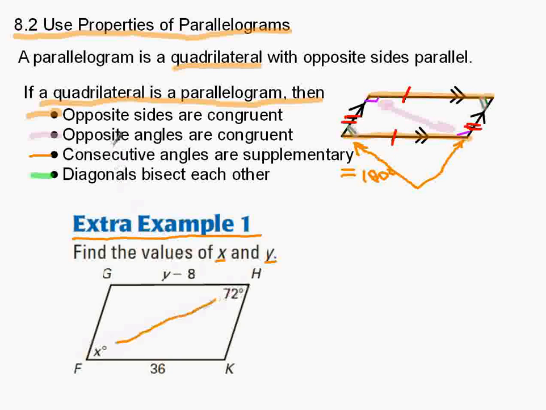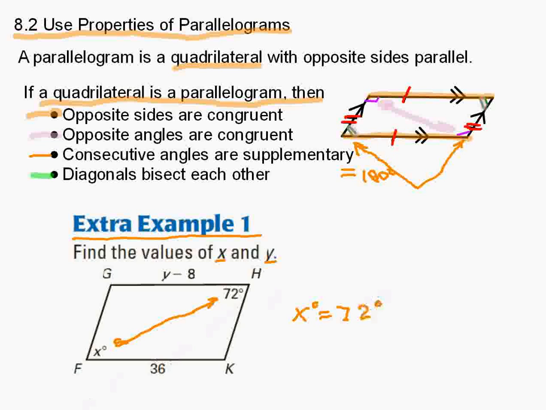So it's one of our two properties about angles. This one says opposite angles are congruent. So these, angle H and angle F, are opposite angles. So that means that x, the measure of x in degrees, is going to equal 72 degrees.